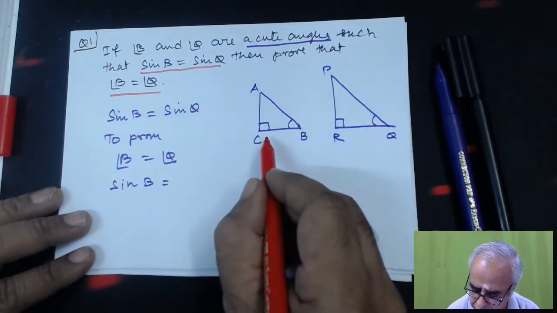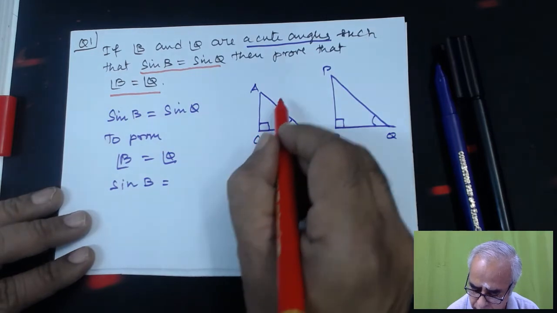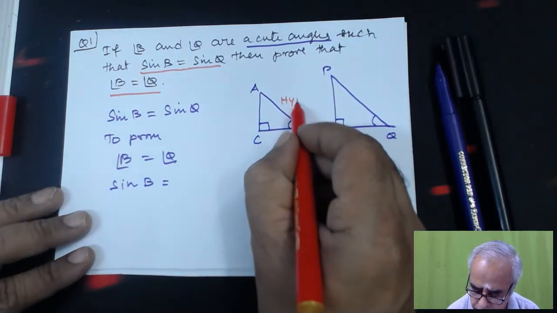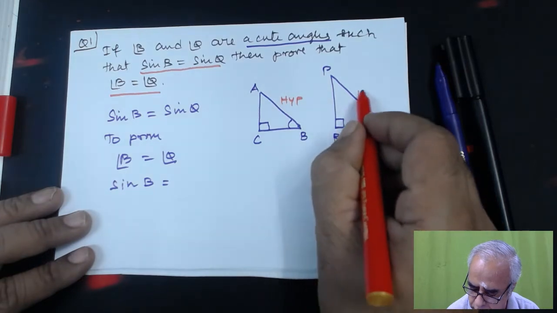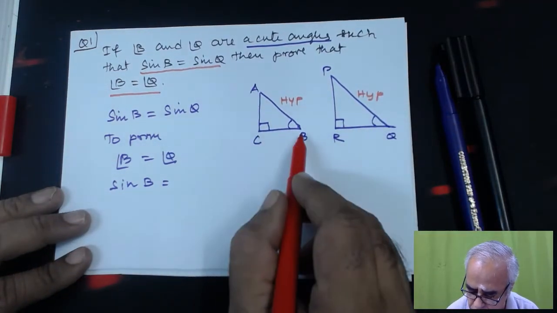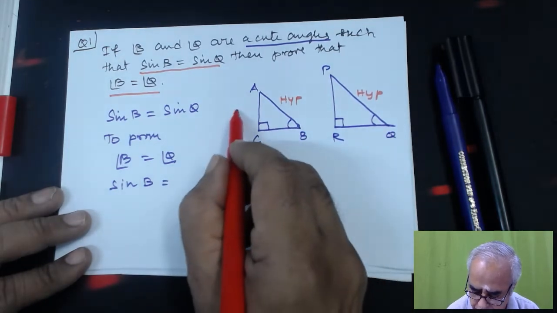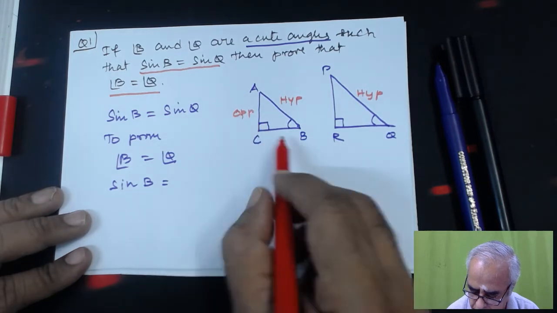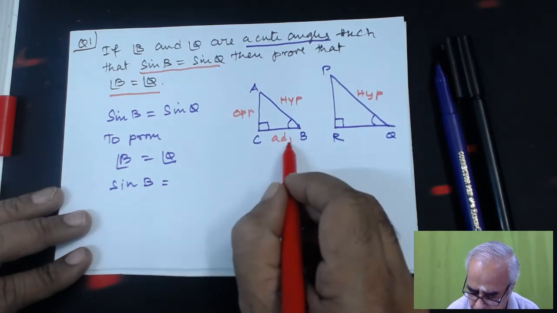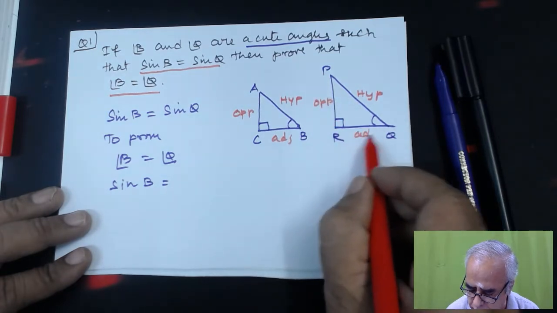As I already mentioned, the side which is opposite to the right angle is hypotenuse. Similarly, this is hypotenuse. And the side which is opposite to the angle under consideration is opposite side. So this is the opposite side and this is adjacent side. Similarly, this is opposite side and this is adjacent side.